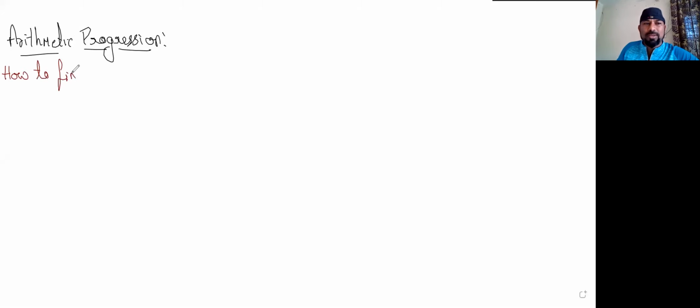Okay, guys, I'm going to explain a topic regarding arithmetic progression. In arithmetic progression, we are going to deal with how to find any required term when two other terms are given.